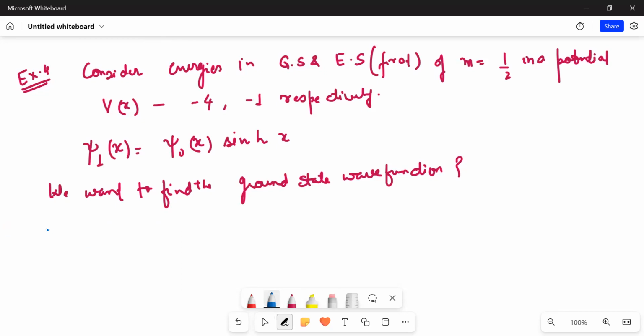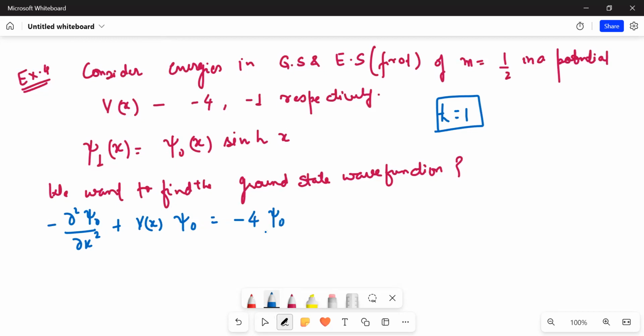So let us try to do this. Minus h-bar square upon mass, given to be 1 by 2, so 2m would vanish, and it will simply remain as minus h-bar square. Let us use h-bar as simply 1 also, just for simplicity. So this will be equal to minus del square psi naught upon del x square plus V(x) times psi naught equals minus 4 times psi naught.